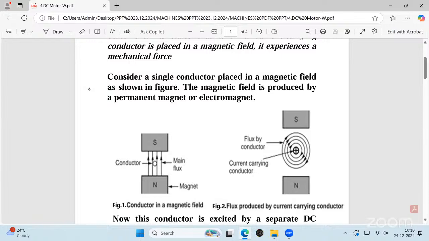You have to remember this. If you want to go for measurements, PMMC, moving iron, you have to understand the concept of DC motor to get the knowledge of PMMC and moving iron.